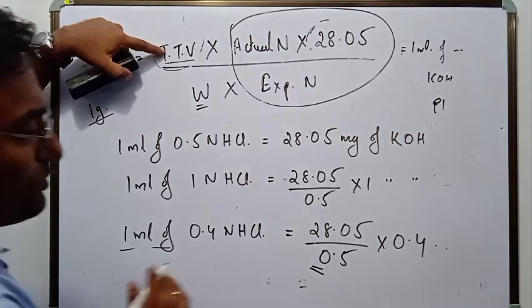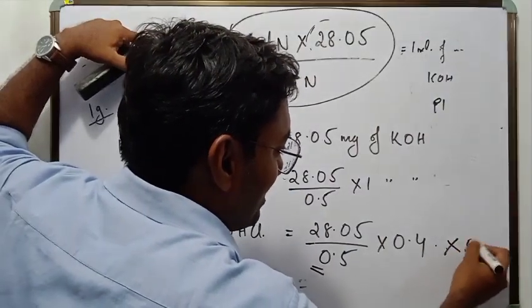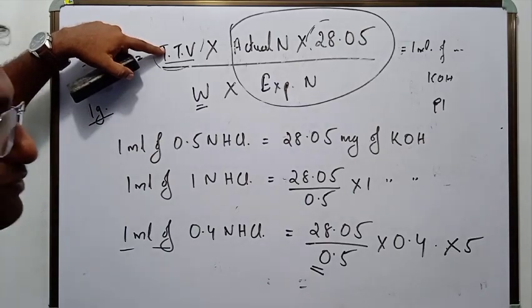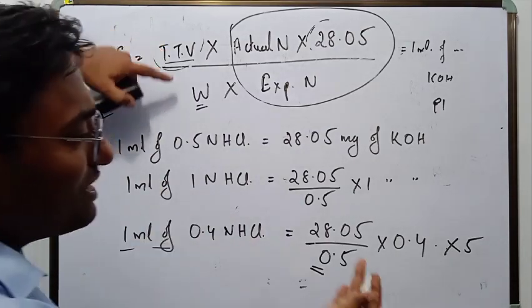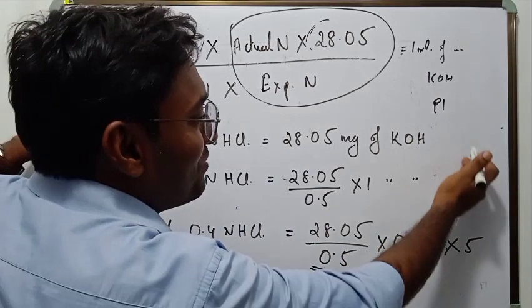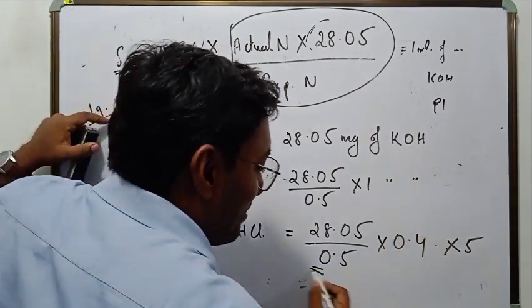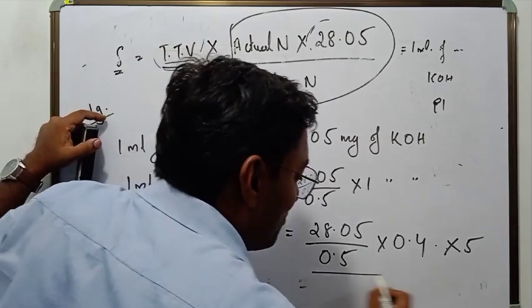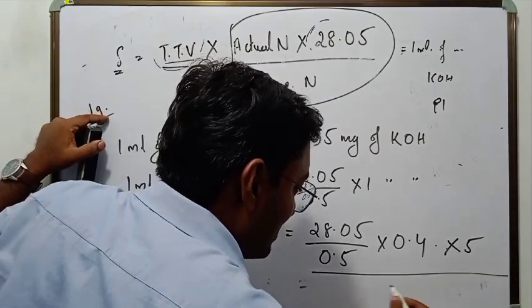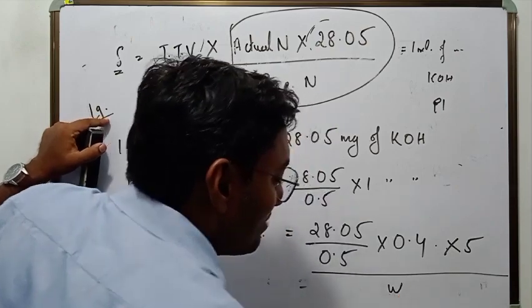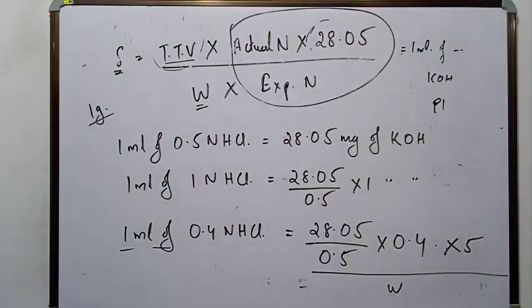In that case, you have to multiply it by 5. So you will get the total amount of KOH that is available in the round bottom flask. But saponification number you have to express per gram of oil. So just divide by the total weight of the oil, and you will get the saponification value.